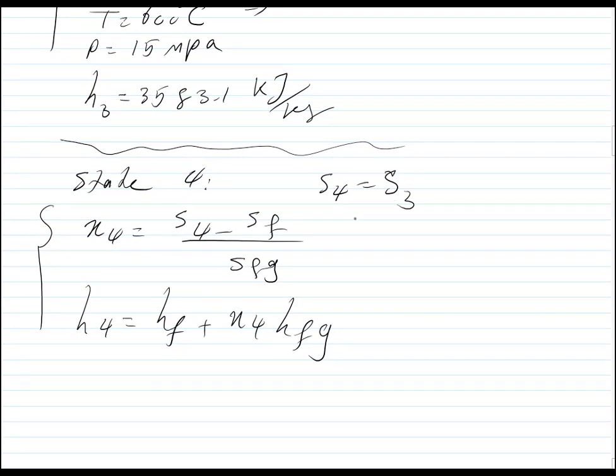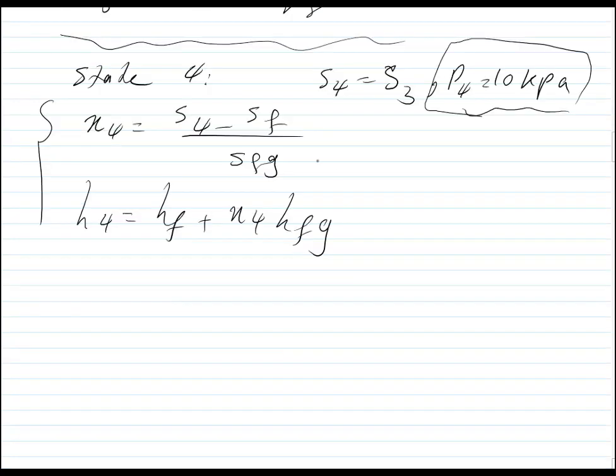So state 4, the pressure P4, is 10 kilopascal also for part C. So we need to go to the table for saturated water and find SF and SFG, and also HF and HFG for this state for saturated water.